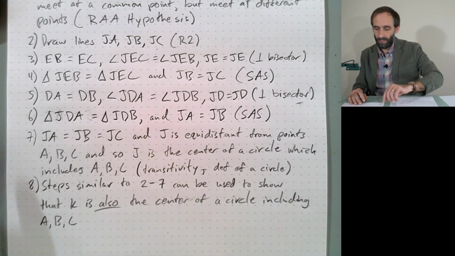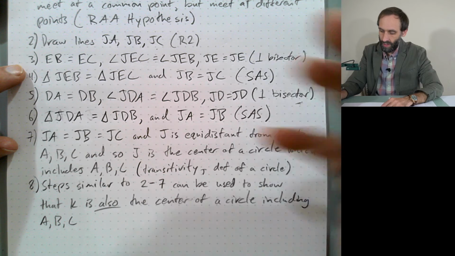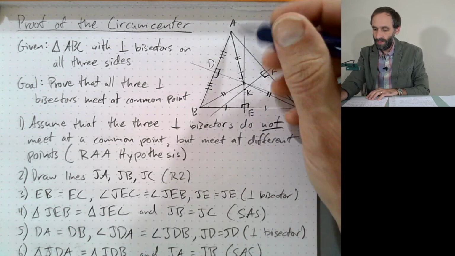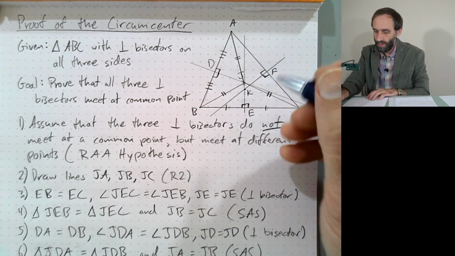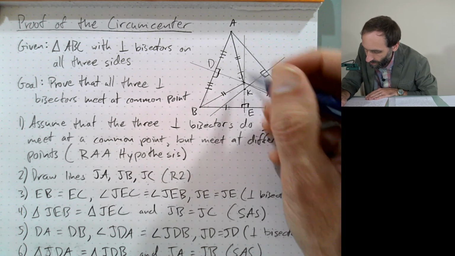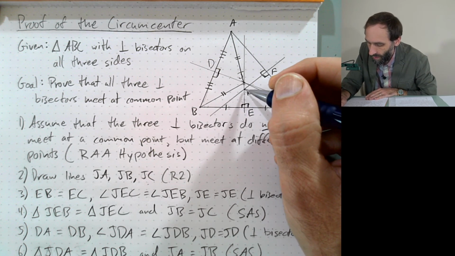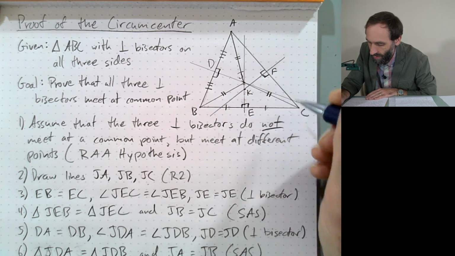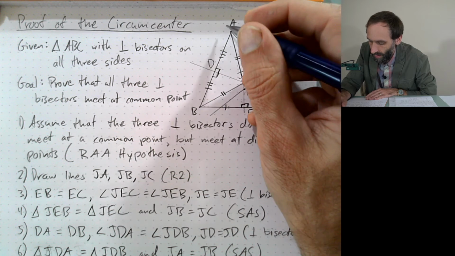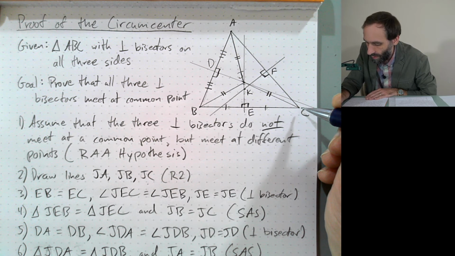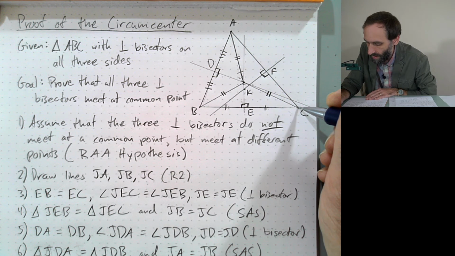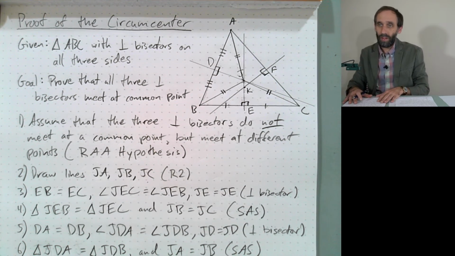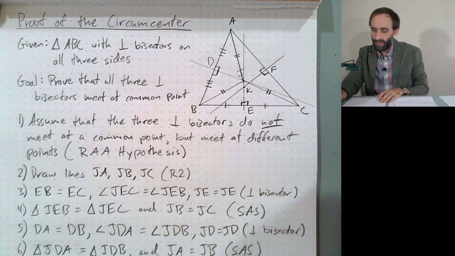Okay, so it would use all these same justifications and would use similar steps, except it would be this triangle here, K, B, C, and the triangle K, A, C. So those steps would show that K is actually the center.